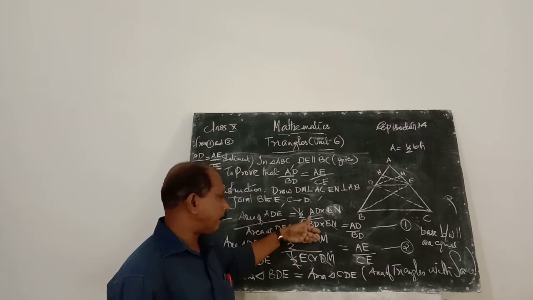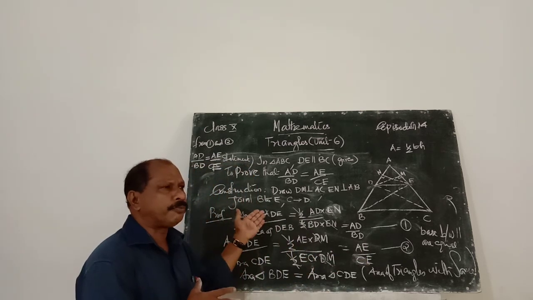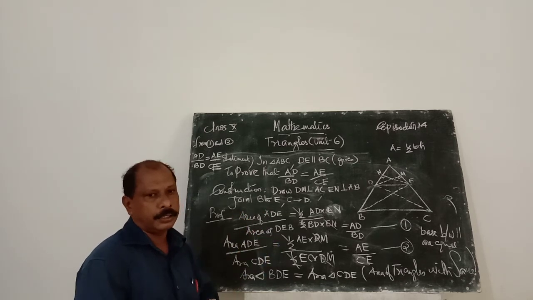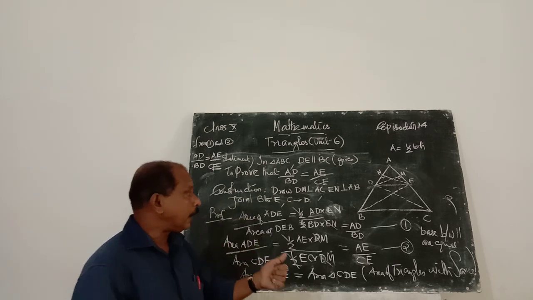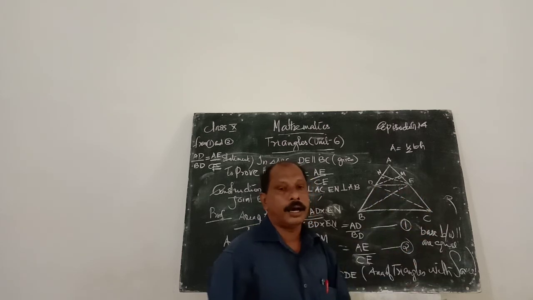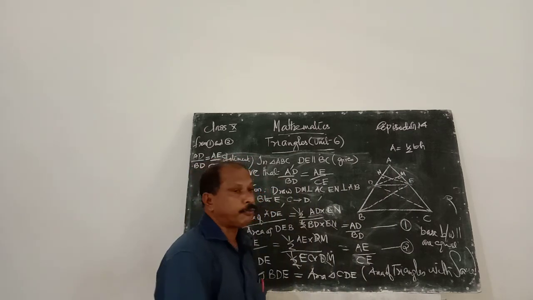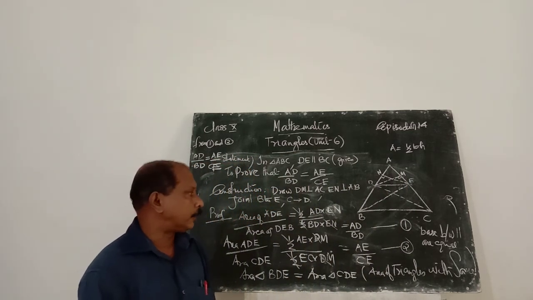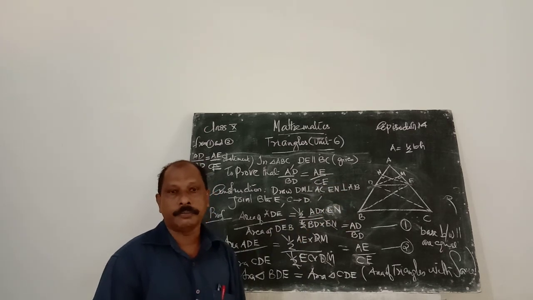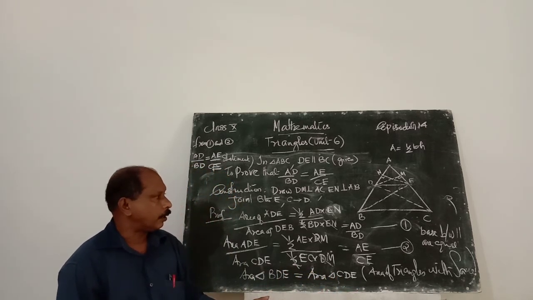Therefore, half cancels, DM cancels, we get AE by CE. That is the second equation. We know that the numerator of the first is the area of triangle ADE, and the numerator of the second is also the area of triangle ADE. Therefore, numerators are equal. But we know that triangles BDE and CDE are two triangles with the same base DE and between parallels. Therefore, by the theorem from the ninth portion, the areas of these two triangles are equal.